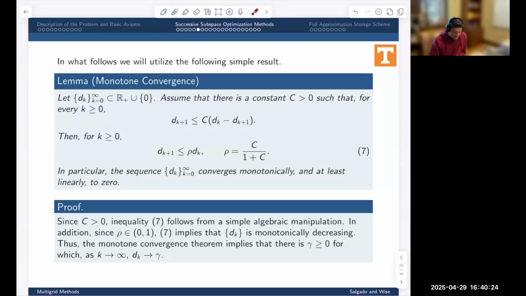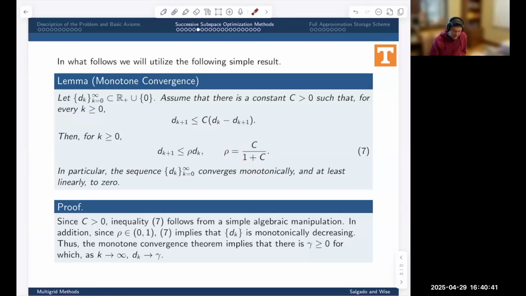All right, then for k greater than or equal to 0, d_{k+1} is less than rho times d_k, where rho is a number that is clearly going to be between 0 and 1.